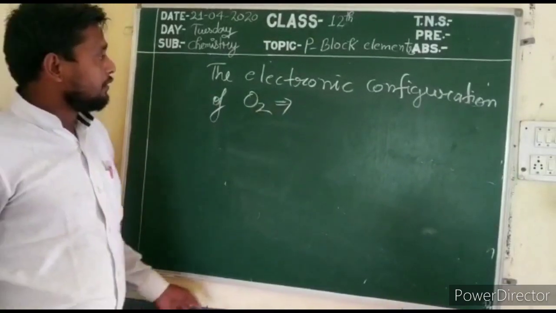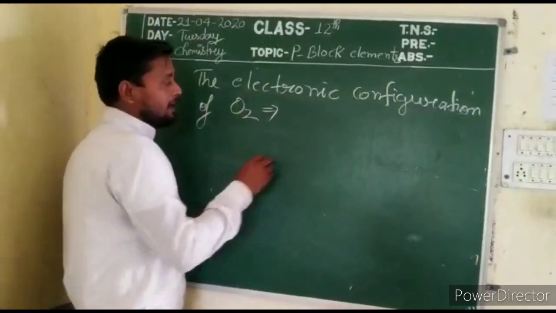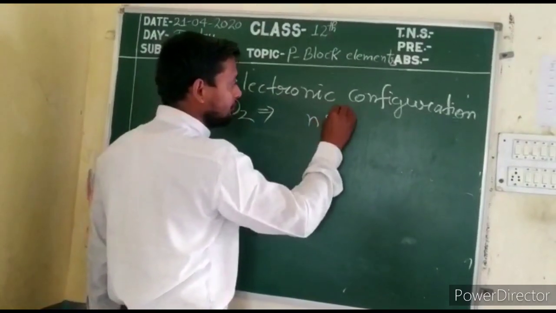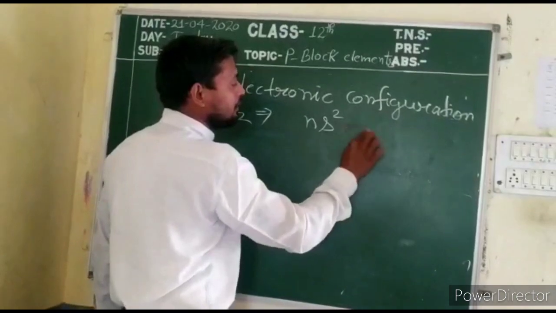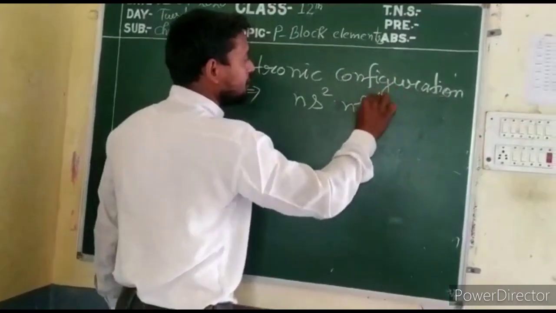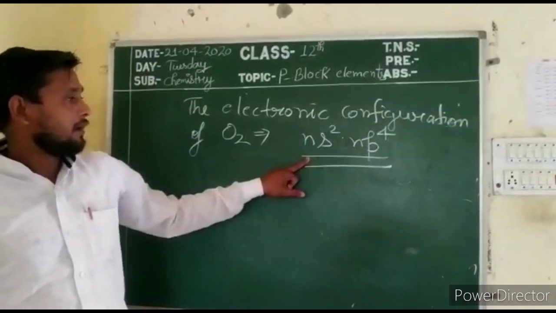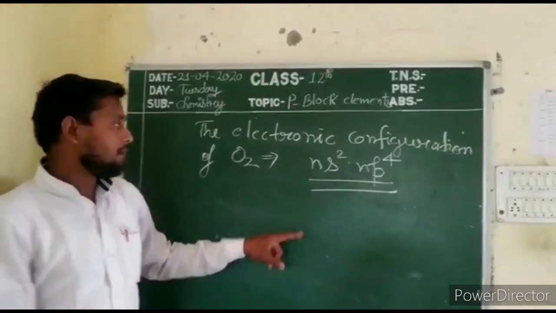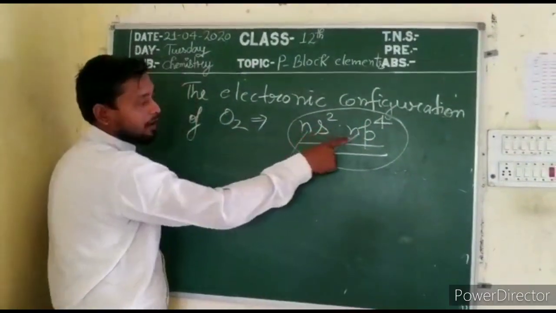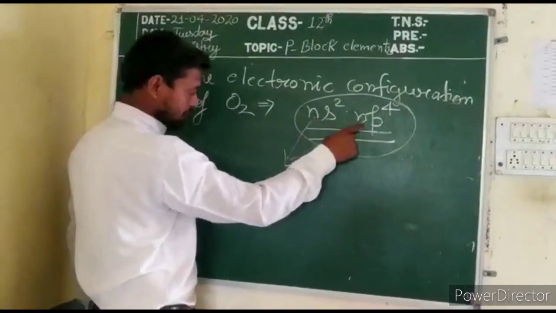Here you have studied in your previous class the electronic configuration of O2 as ns2 np4. In this formula, n is the number of shells, and s and p are the subshells.